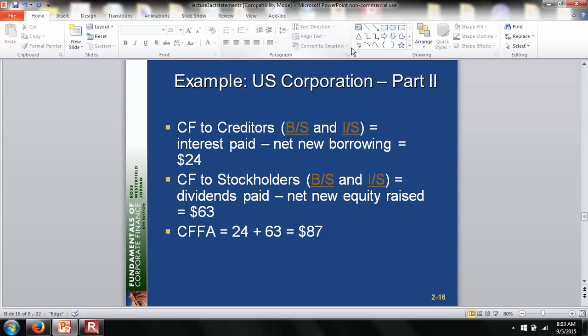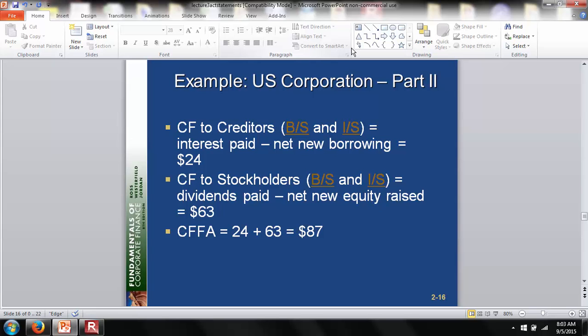What about the cash flow to stockholders? The cash flow to the stockholders comes in two ways. One is the dividends paid, and the other is the firm buys back the stock. Again, money goes to the stockholders. But when the firm sells new stock, again you find that cash is going from the stockholders back to the firm.